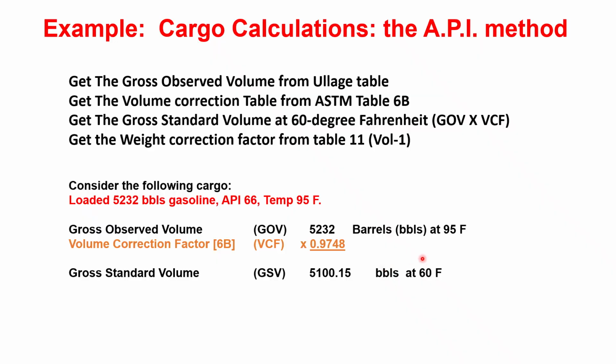Once you get the gross standard volume at 60 degrees Fahrenheit, you need to get the weight correction factor, and you get that from Table 11, right? So how do you get it?